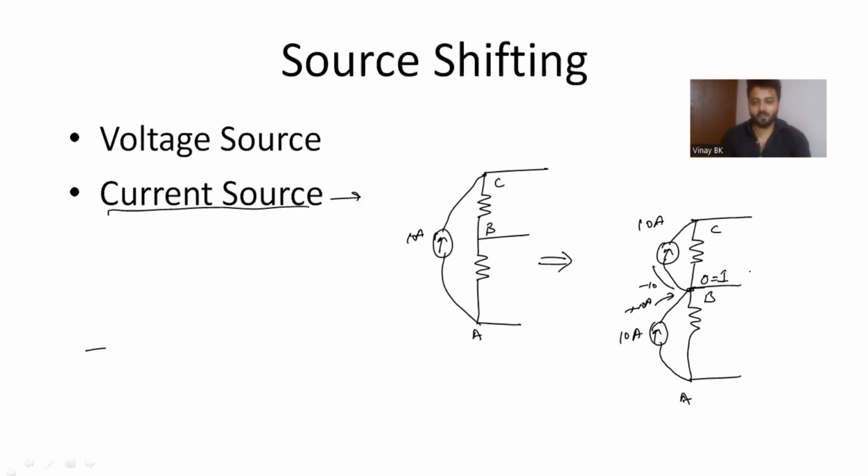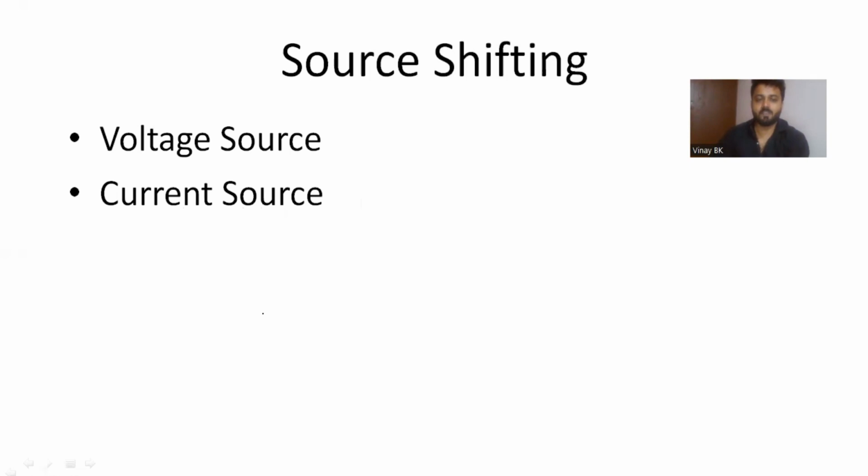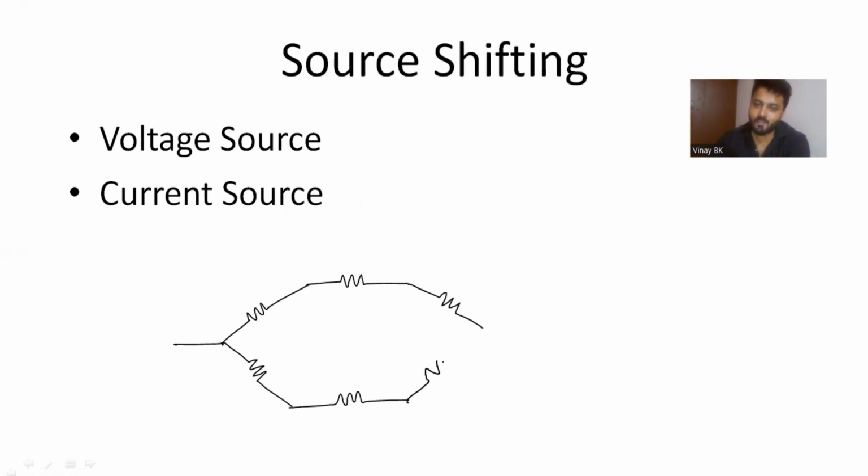Similarly, you can take one more example. Suppose there is a circuit like this. I'll solve this type of circuit in the next video. Just for information now, I am telling how we can shift the voltage source as well as the current source for these kinds of circuits.